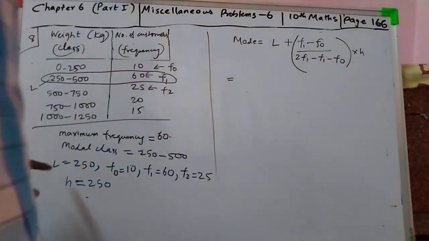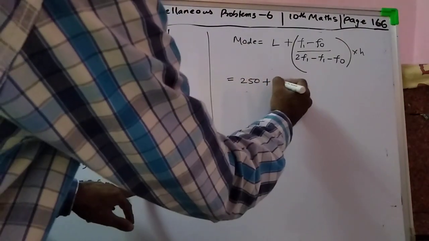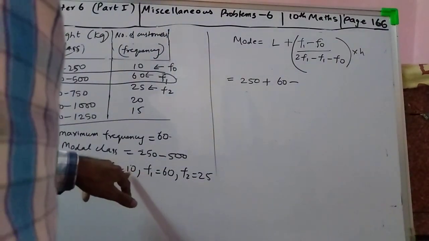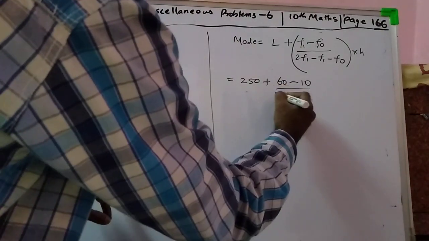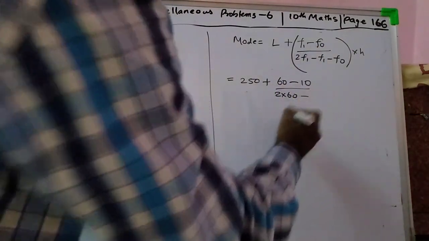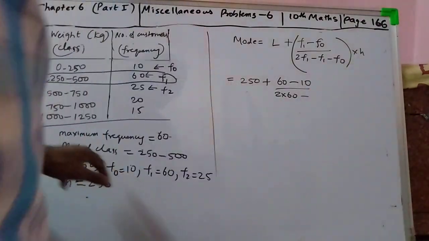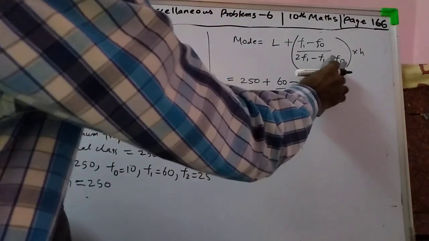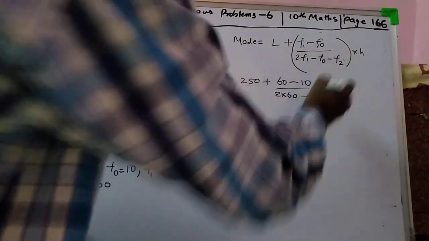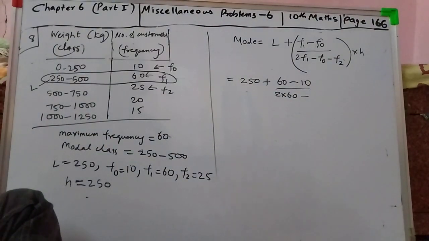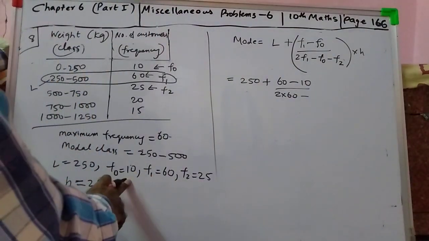So that is equal to L, 250, plus (F1, 60, minus F0, 10) divided by (2 into F1, 60, minus F0, 10, minus F2, 25) into width 250. This is the formula.